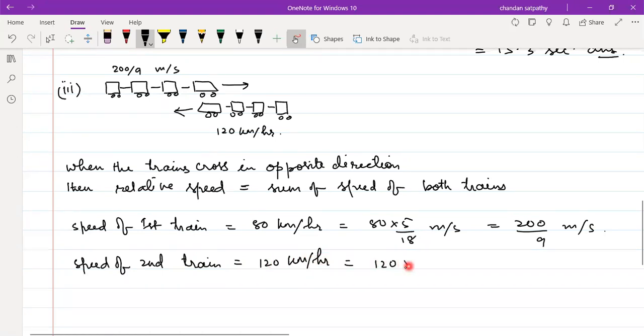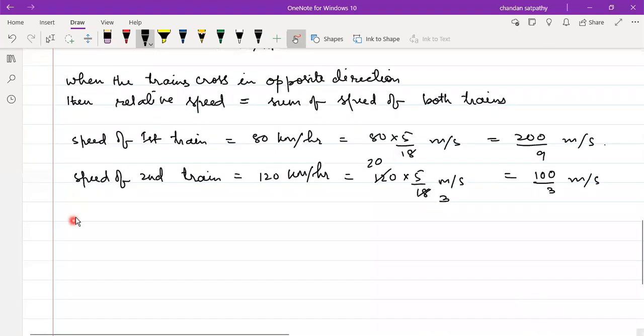So 120 into 5 by 18 meter per second. So again it will get cancelled. So 6 3 ja, 6 2 ja. So it has come 100 by 3 meter per second. So now we will find the relative speed. Okay. So we'll write that relative speed will be equal to, we know that if there is a relative speed, we have to find sum of the speed, means we have to add. So 200 by 9 plus 100 by 3. So LCM will be 9.